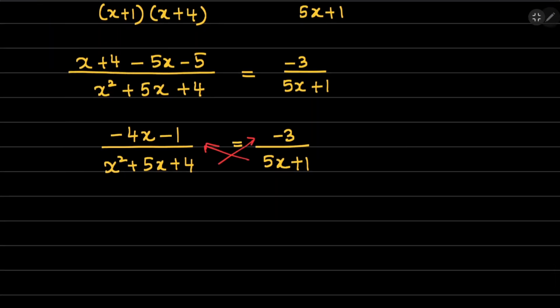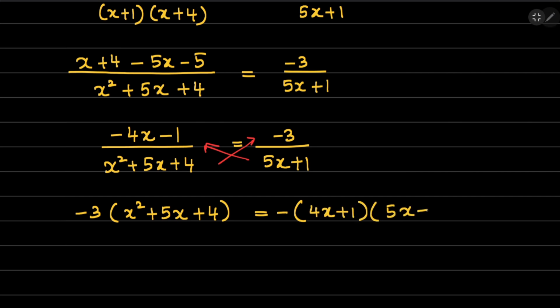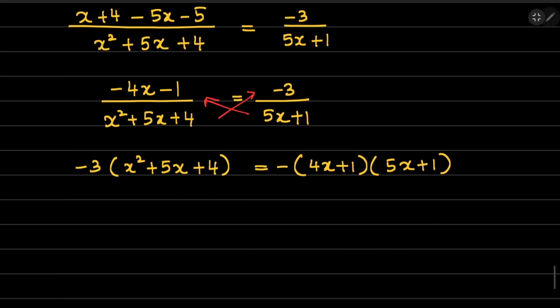Okay. So when you're cross multiplying, you'll have minus 3 multiplied by x square plus 5x plus 4 is equal to, you can take one minus common out. So you have 4x plus 1 multiplied by 5x plus 1. Okay, let's multiply it inside. So you have minus 3x square minus 15x minus 12 is equal to minus 4 5s are 20x square.